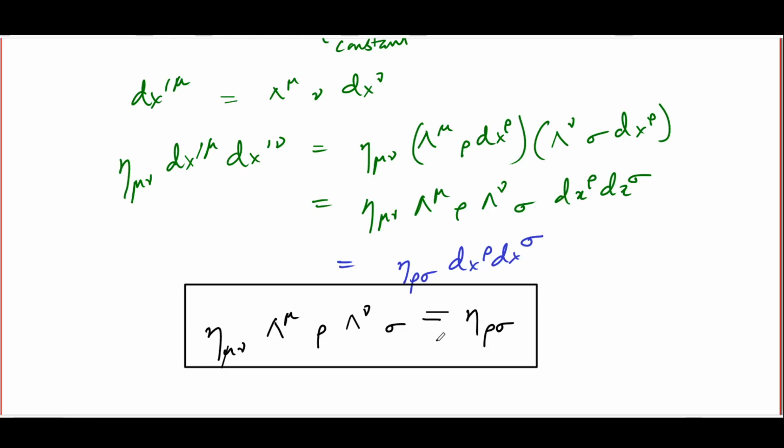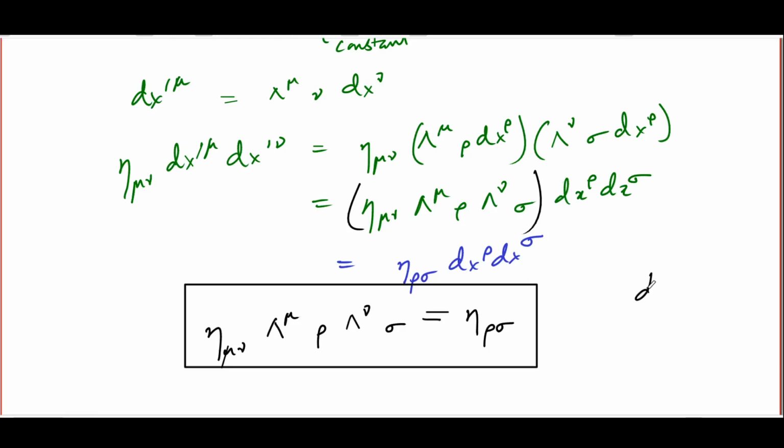Now, while this is a correct conclusion, and this is the property which the lambda matrix elements do obey, there is one important catch here which we have to bear in mind, which is that the argument that because eta mu nu lambda mu rho lambda nu sigma contracted with dx rho dx sigma is the same as eta rho sigma contracted with dx rho dx sigma, these two things have to be equal, is really not quite perfect.